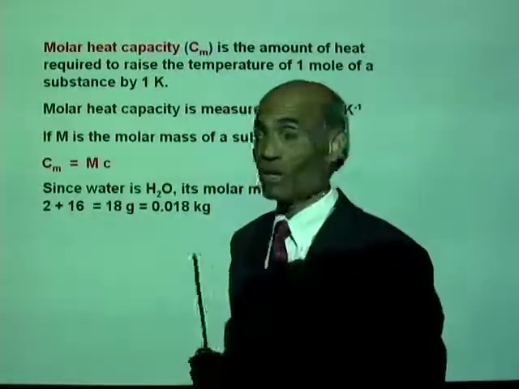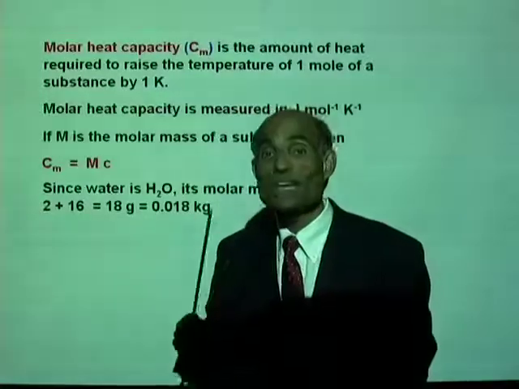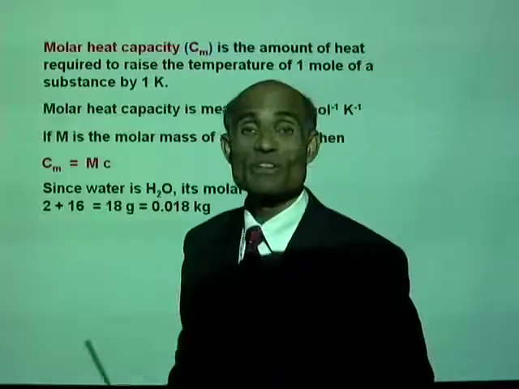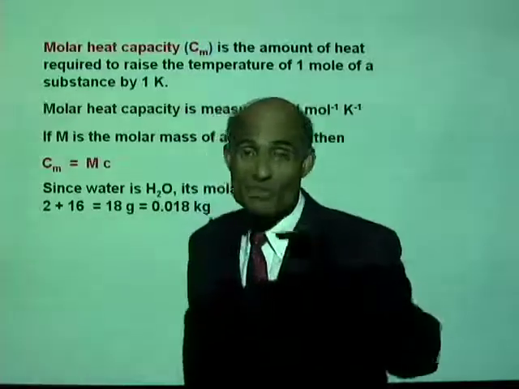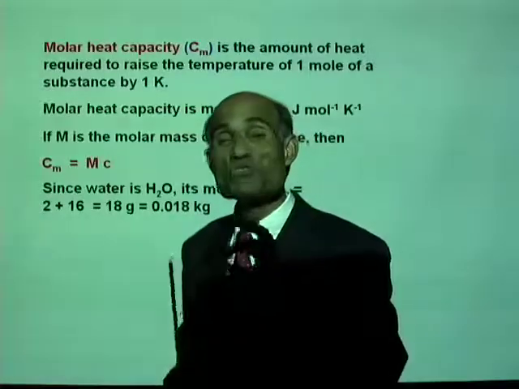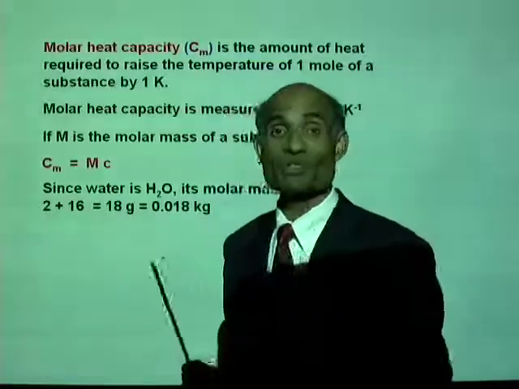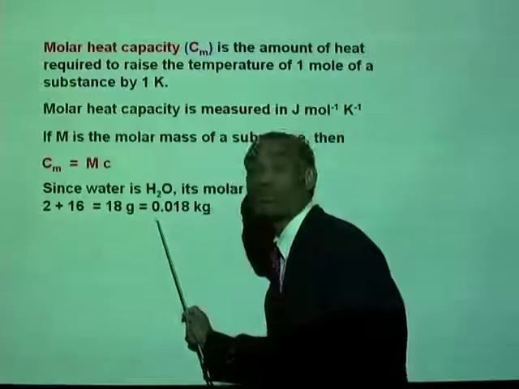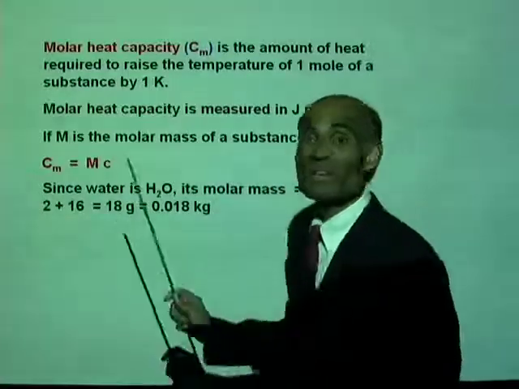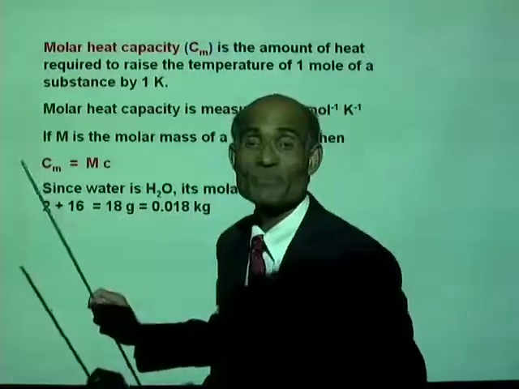Alright? So, can you therefore calculate the molar heat capacity for water? Now, what is the specific heat of water? We talked about it a while ago. 4,180 joules per kilogram per Kelvin is the specific heat of water. And the molar mass of water is 0.018 kilogram. Can you calculate the molar heat capacity for water?